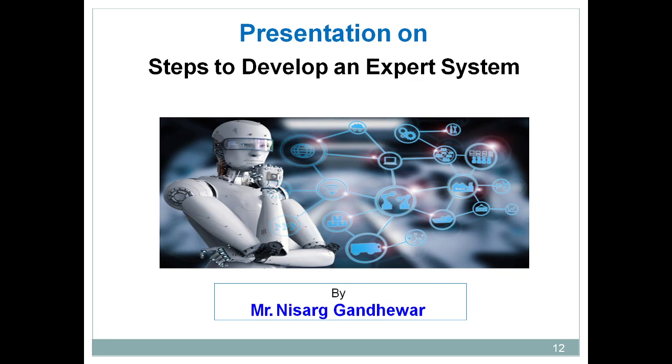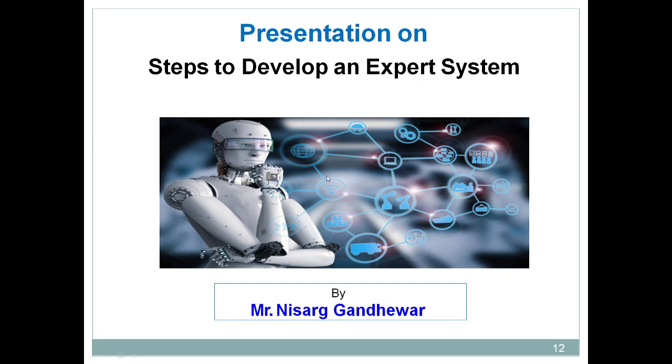We are trying to emulate human knowledge in the system so that it can be used instead of the human being. We know that an expert system is not 100% correct, but still it's an alternative which can be used to solve various complex problems where domain specific knowledge is required.